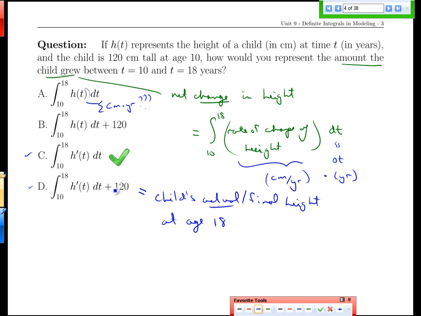And the reason is we take its change plus the initial. So there's something true about it. It involves a change, but by adding the 120, which was how tall they were at age 10, we get a slightly different value, and it has a different meaning. So just be clear in your own mind what the integral gives you and what it doesn't give you in terms of amounts versus changes.